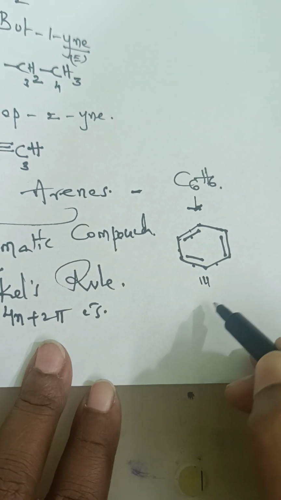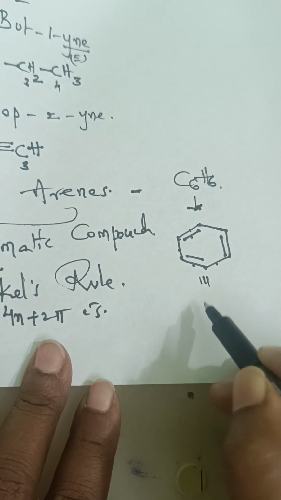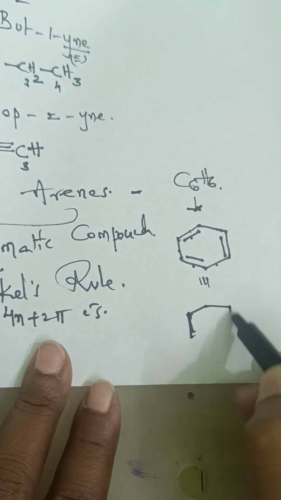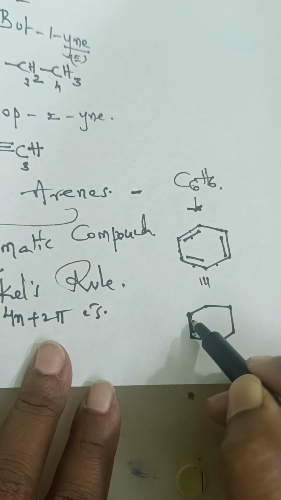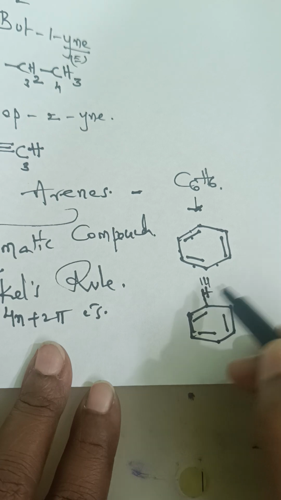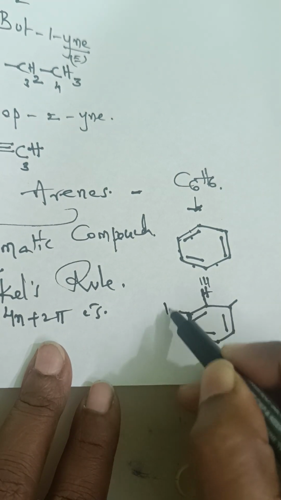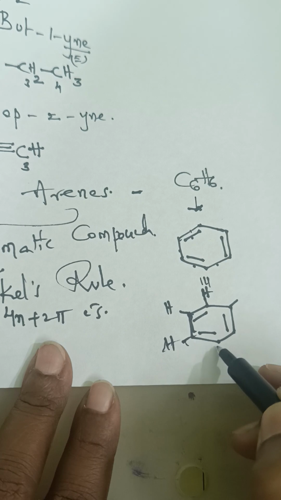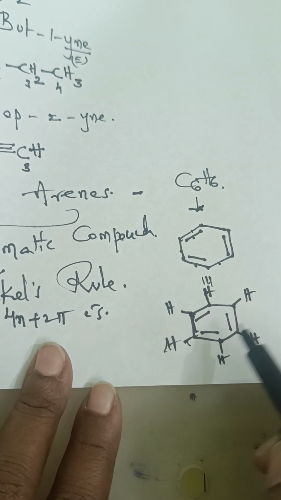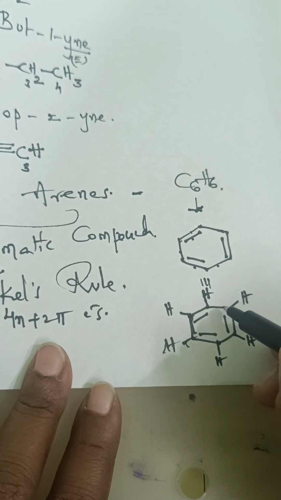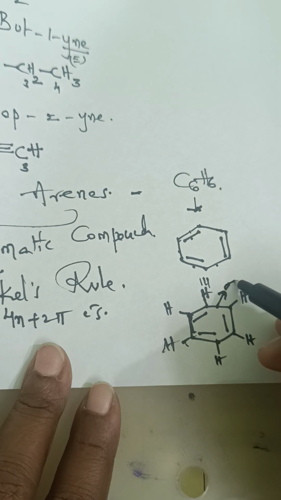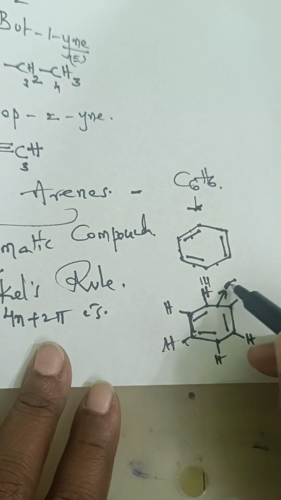You have to take the structure and write out the bonds. All single bonds are sigma bonds.